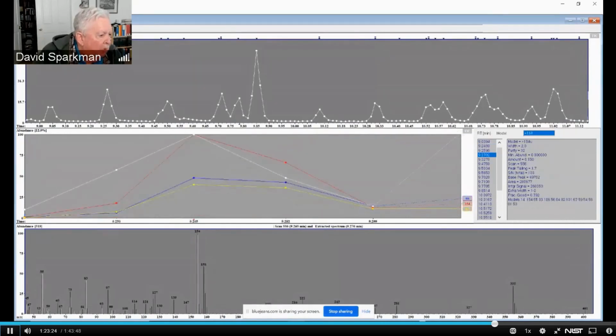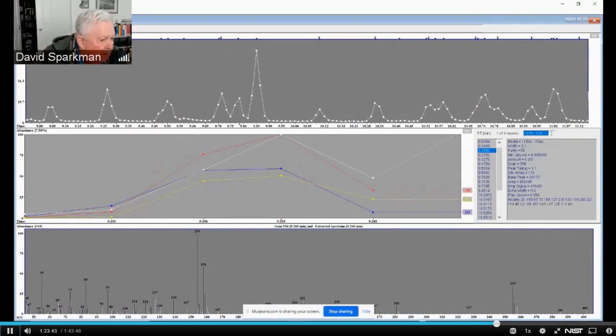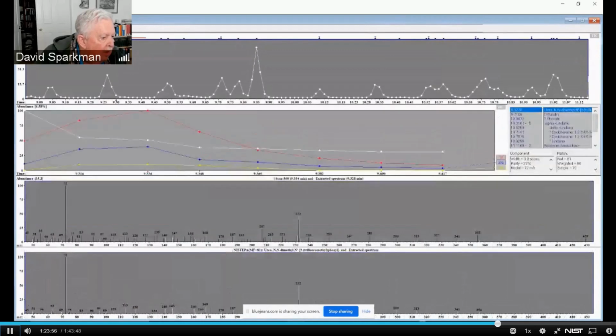I've somehow lost it. I think you said it was scan 561. Yes. Just a little bit to the right of where you are. Okay, no, that's not it. There it is, right there.